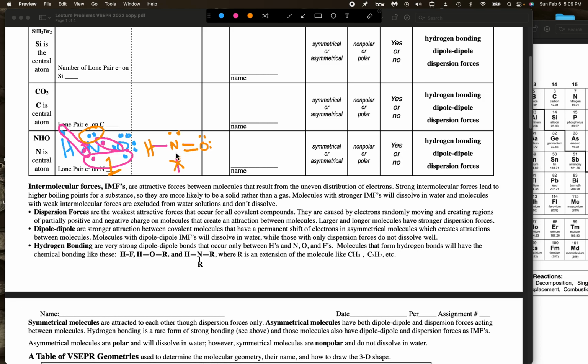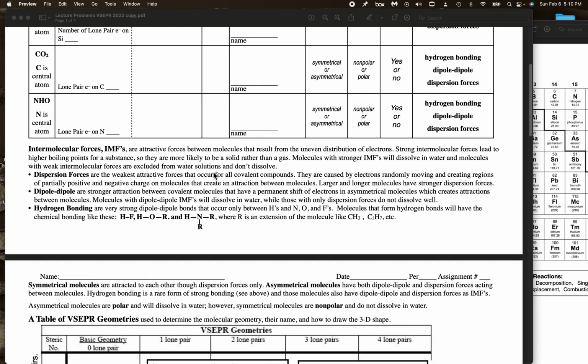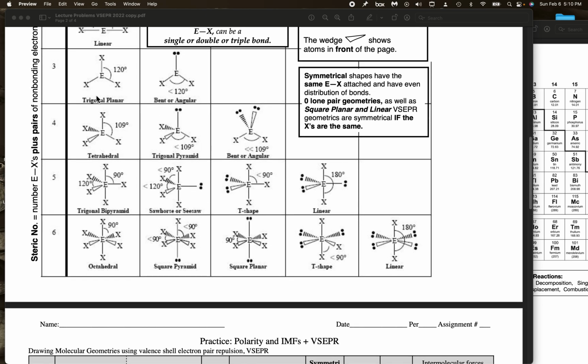It's got 2 bonds, but if you remember, the steric number is not only the bonds, but also the lone pairs. So I have a steric number of 3 and 1 lone pair. So to use the chart, we need to look for 1 lone pair and a steric number of 3. The name is bent and it's drawn at a 120-degree angle.